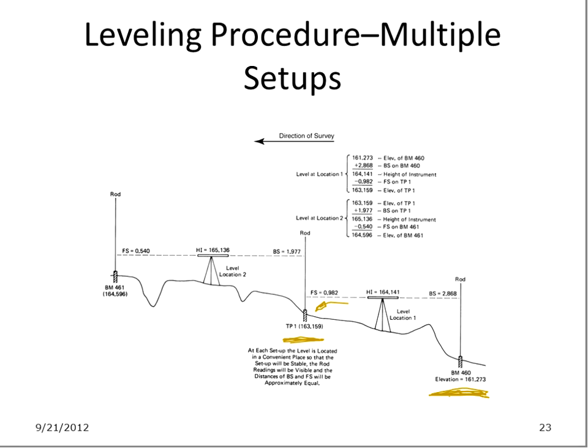So we remember what a turning point is, right? It's just a temporary point, because clearly from here, if you drew this line straight across, you couldn't see this rod here. You'd be under the ground.